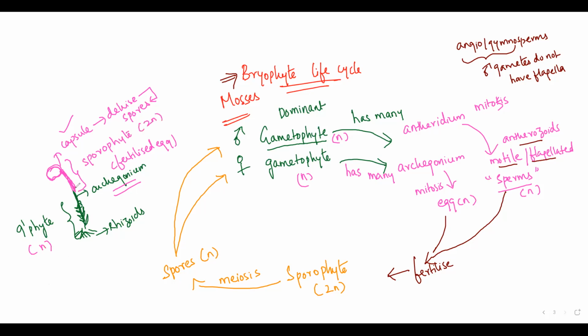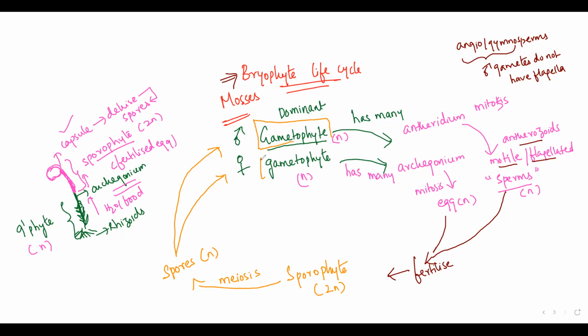Since the sporophyte is growing on the gametophyte, it derives water as well as food from the gametophyte. The sporophyte is dependent on the gametophyte. So this is the life cycle of the bryophytes.